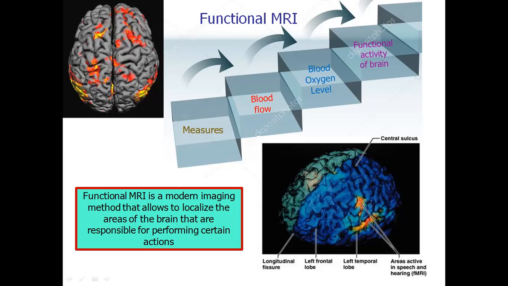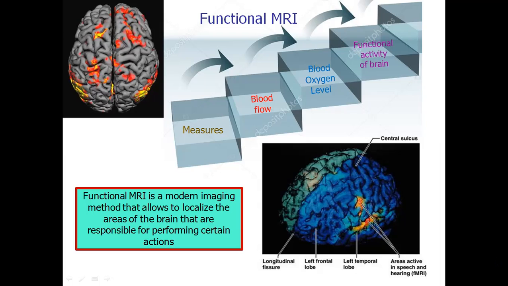The functional MRI scan can help doctors to assess the effects of a stroke or other condition affecting the brain or spinal cord, I mean loss of certain function of the cerebral cortex.